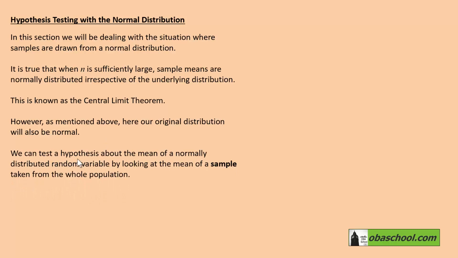We can test a hypothesis about the mean of a normally distributed random variable by looking at the mean of a sample taken from the whole population. Suppose the whole population is normally distributed.